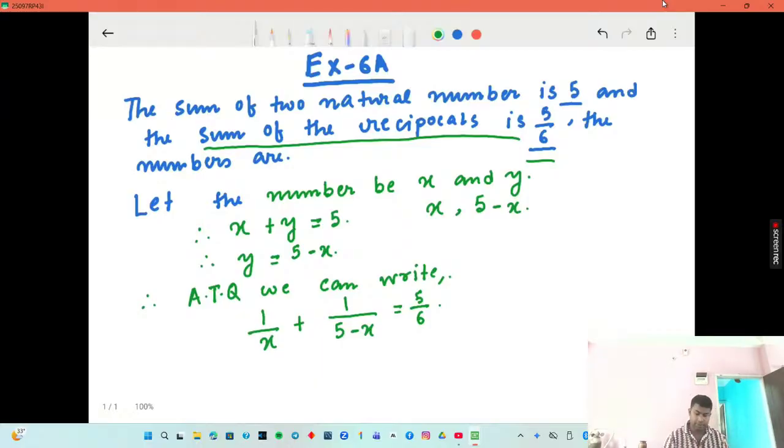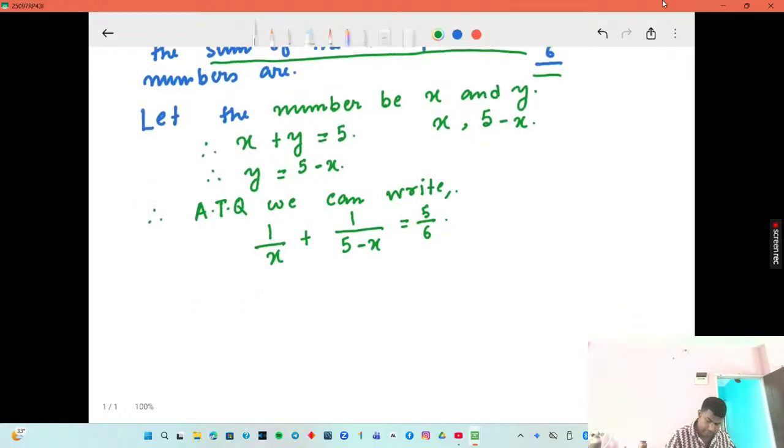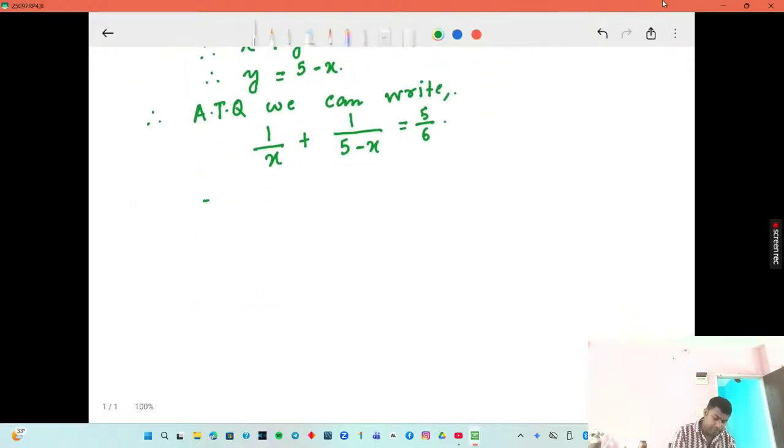So now I will be solving this equation to find the value of x. Taking the LCM, 5 minus x plus x over x into 5 minus x is equal to 5 by 6.